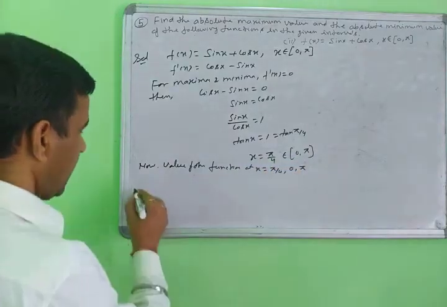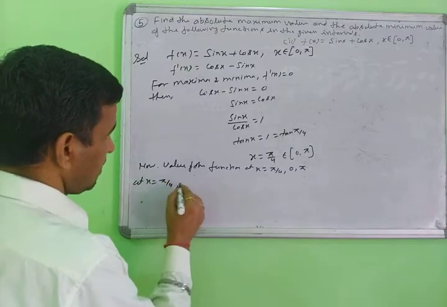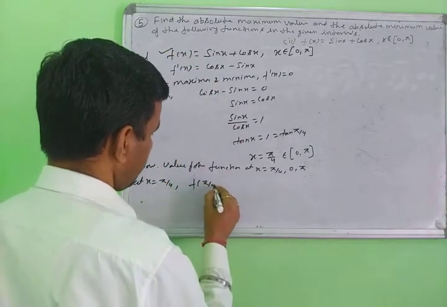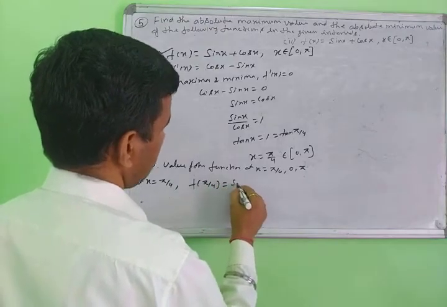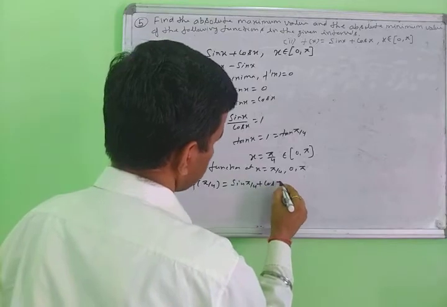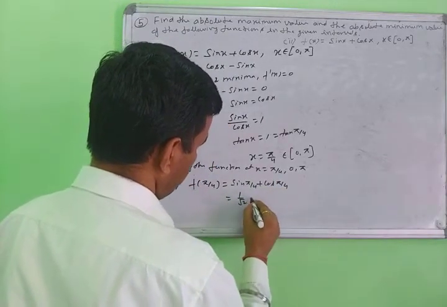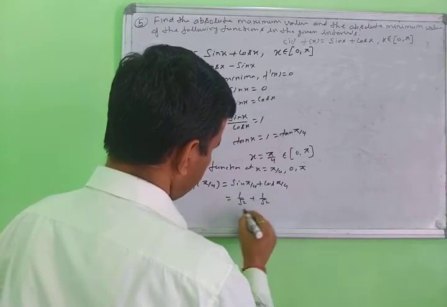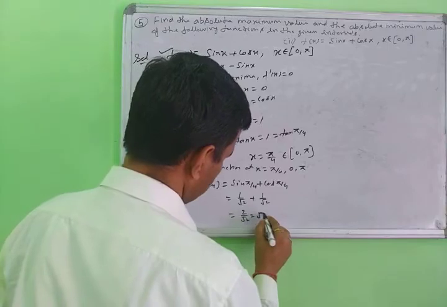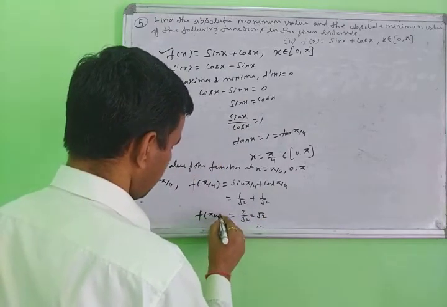So at x equal to pi by 4, putting the function value, f pi by 4 equal sin pi by 4 plus cos pi by 4. Sin pi by 4 is 1 by root 2, cos pi by 4 is 1 by root 2. This is equal to 2 upon root 2, which equals root 2. This is the value of f pi by 4.